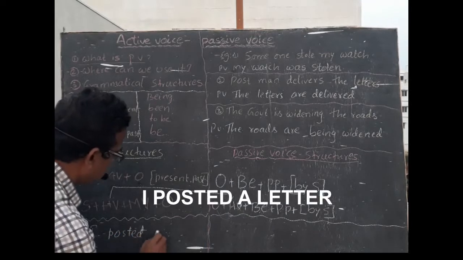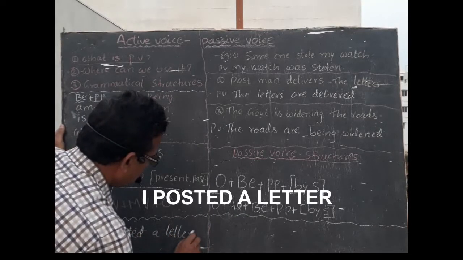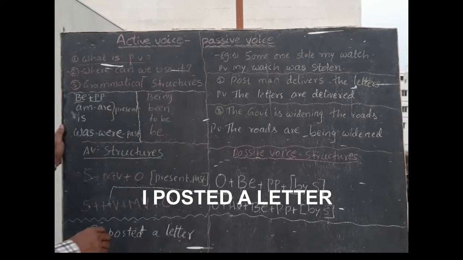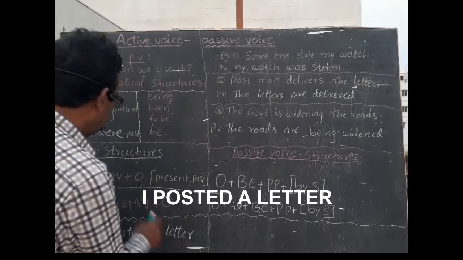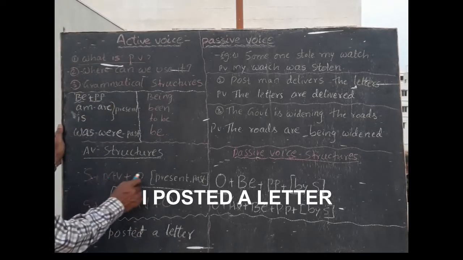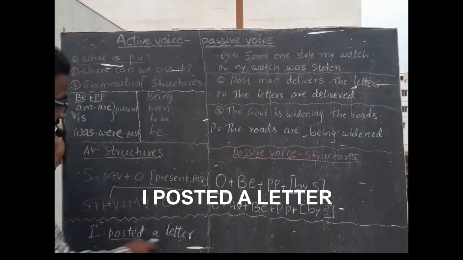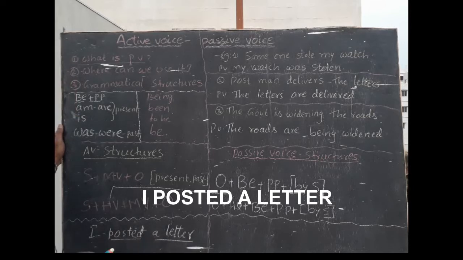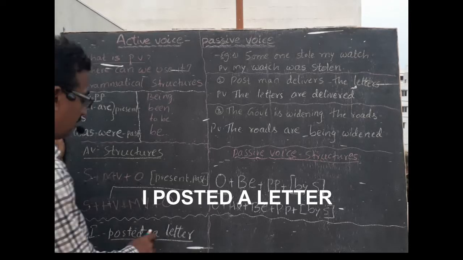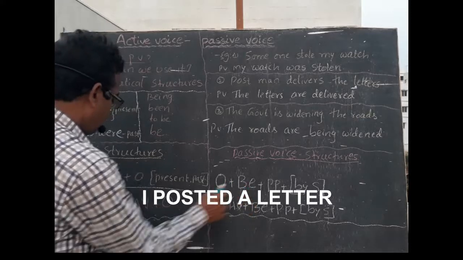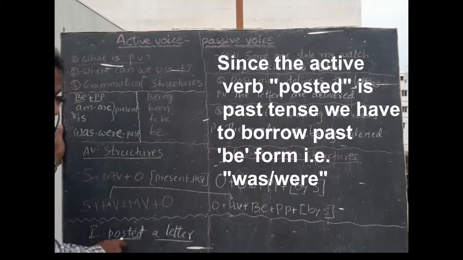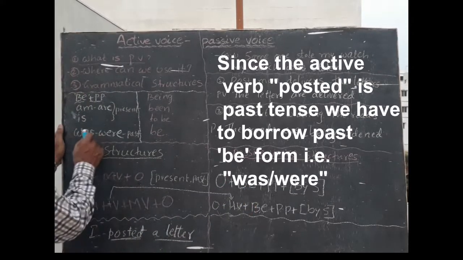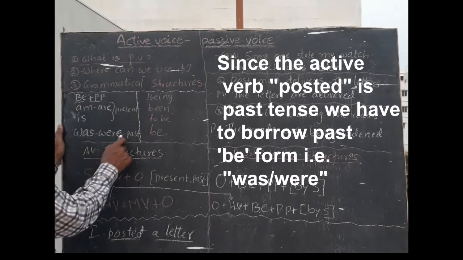I posted a letter. When you change that sentence into passive voice: I posted a letter, subject, transitive verb and object. Object plus be form. What be form is possible here? Posted is past tense, so the past be forms are was or were.